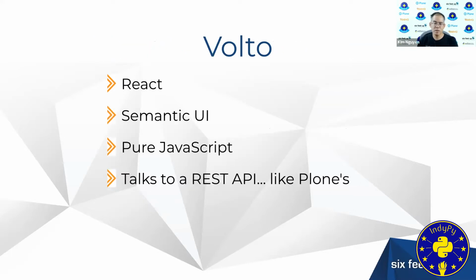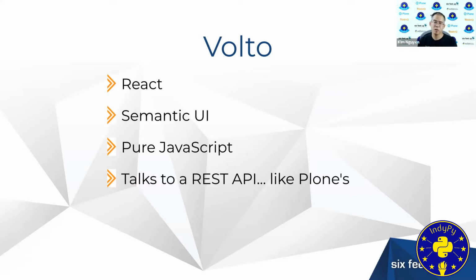So Volto itself is React. The Semantic UI is the theming portion of it. So Volto is built using Semantic UI, and I'll talk a little bit more about that. It's JavaScript, and because Volto talks to any REST API, obviously it's been built to talk to Plone's REST API, but there's actually another implementation of Volto.